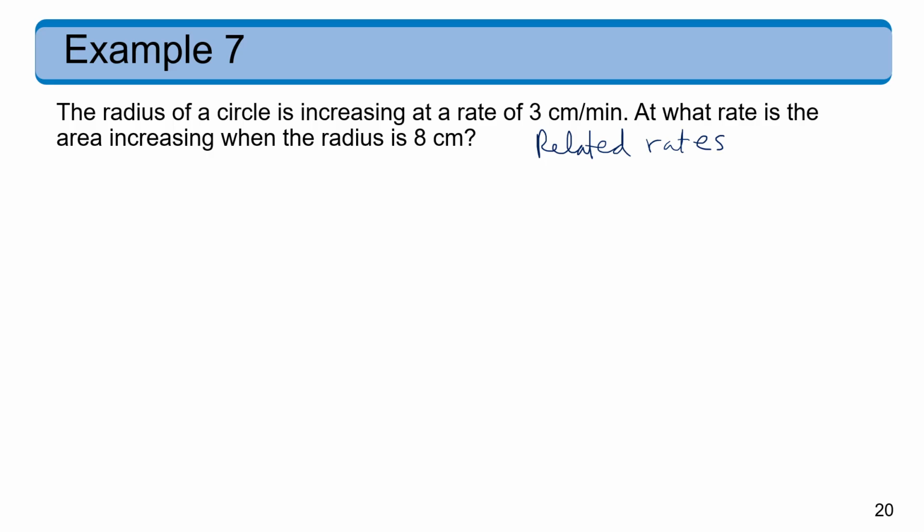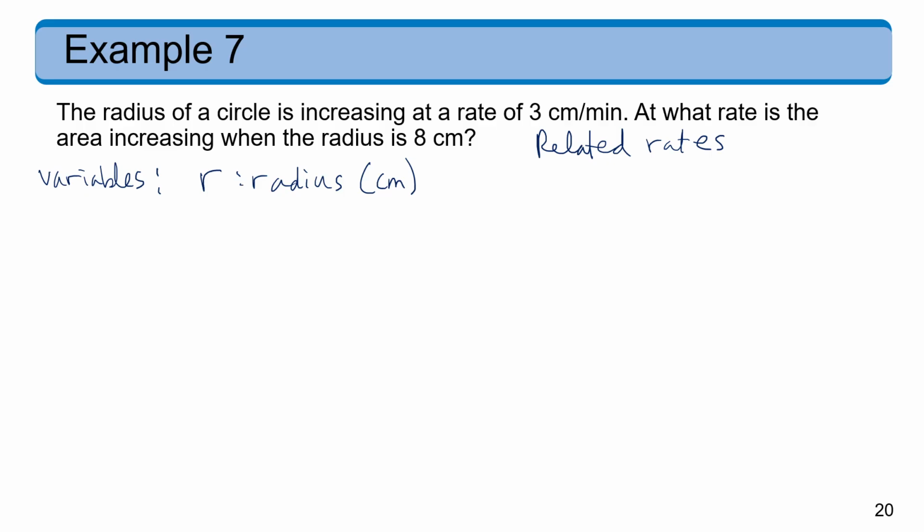So we need to introduce variables so we can start writing mathematical expressions about what's going on. The rate that they gave us is for the radius, so we definitely need a variable for the radius. So let's use r for the radius, and notice distances here are measured in centimeters, so that'll be the units for radius.